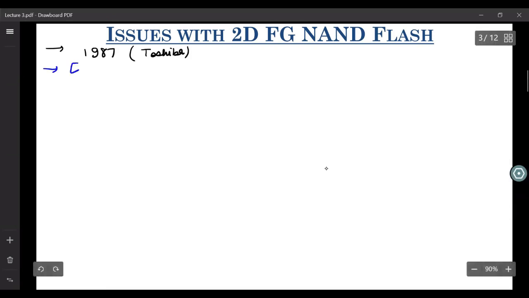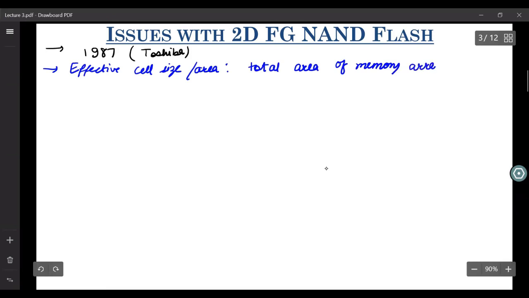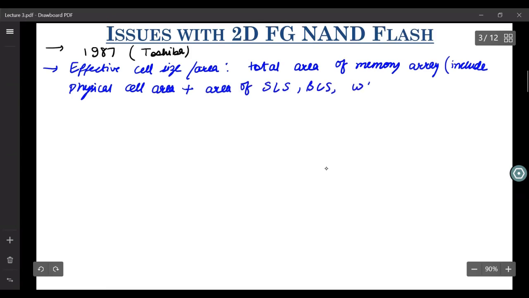We define the effective cell size or area by calculating the total area of the memory array, including the physical cell area plus the area of the selectors, the source line selector, the bit line selector, and the word line and bit line contacts as well.